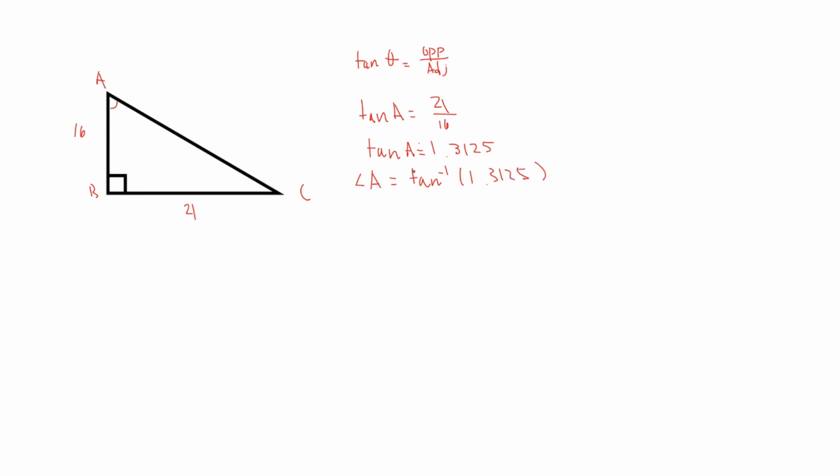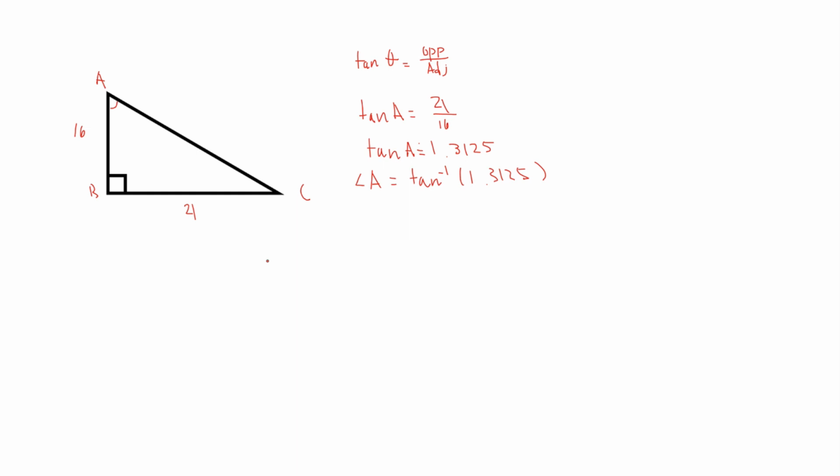To get this tan -1 symbol right here, which allows you to multiply this by the tangent ratio, on your calculator, it'll either say shift or alpha, or maybe it's just a button on your calculator. You press that, and then you input the numbers, or you input the numbers and then press the button. It's different for every calculator.